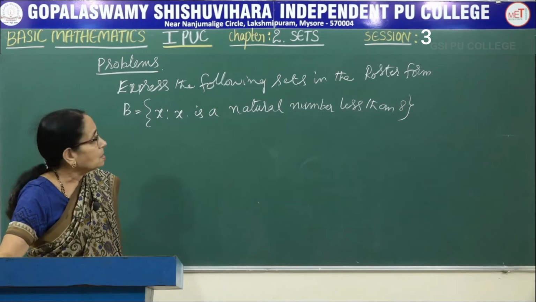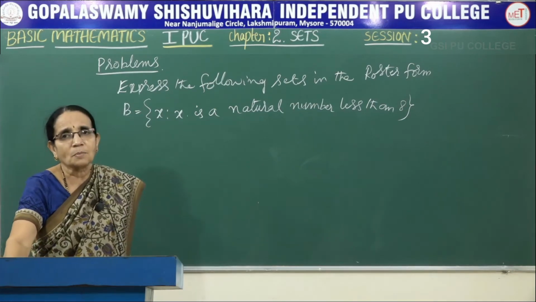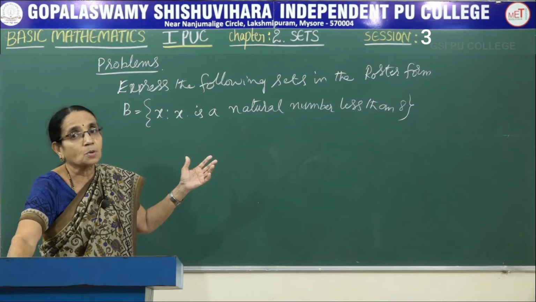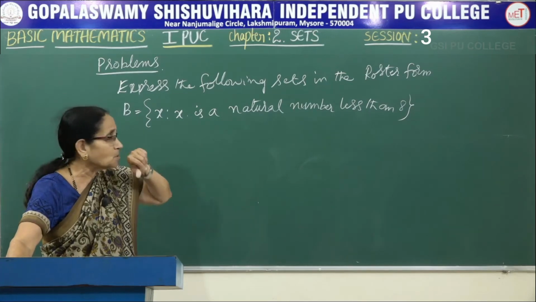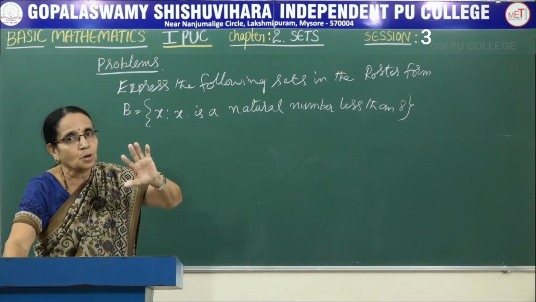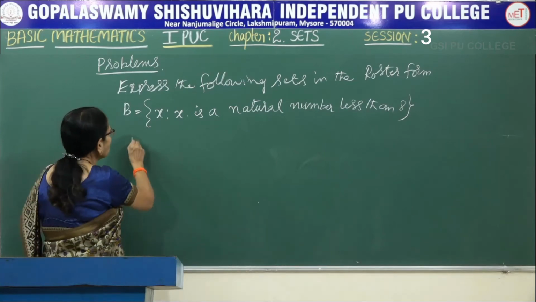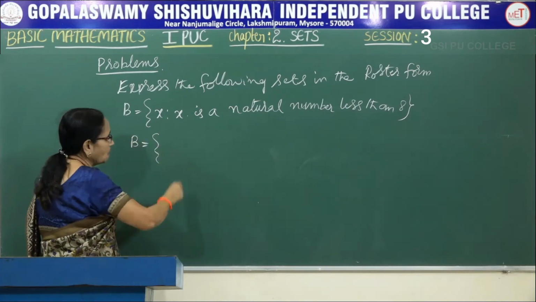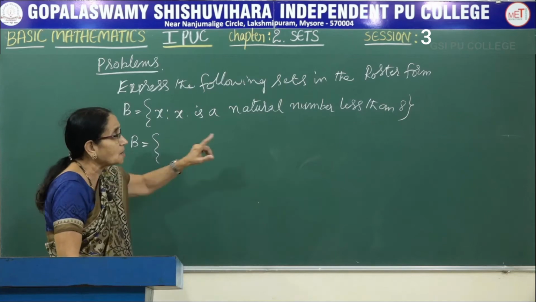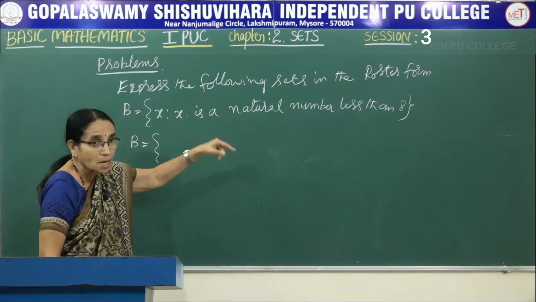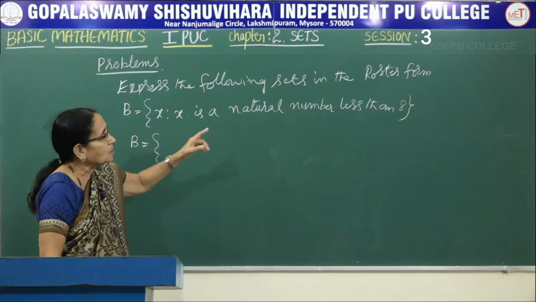Now, natural number means, in the first session I had given you the standard sets. Natural number means it starts with 1, 1, 2, 3, 4, 5, 6, like that. So directly you can write the set B. Less than 8 means strictly less than. If I had given less than or equal to, 8 should be included, but I have given only less than.